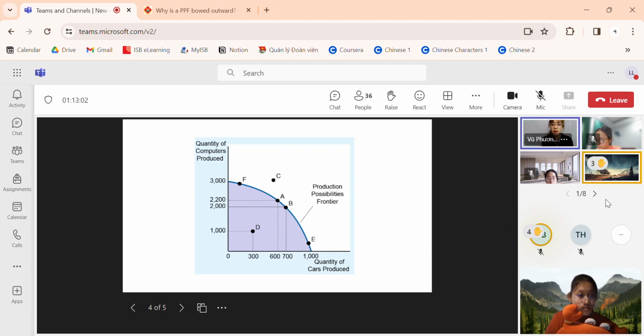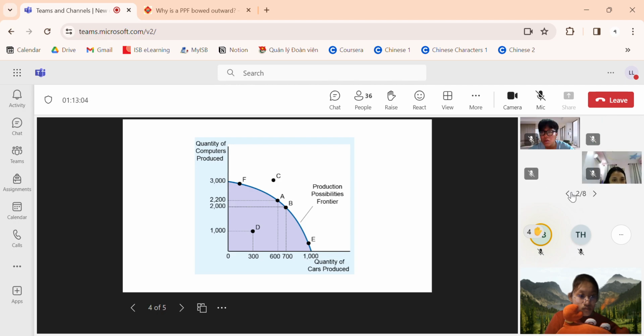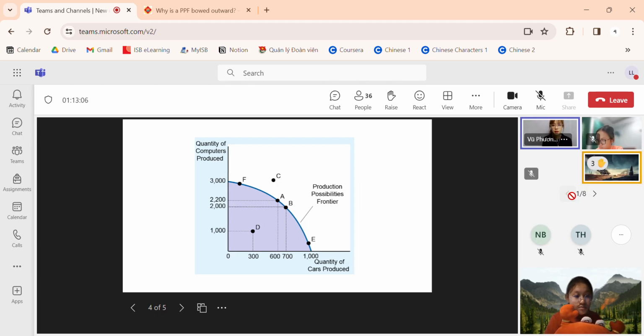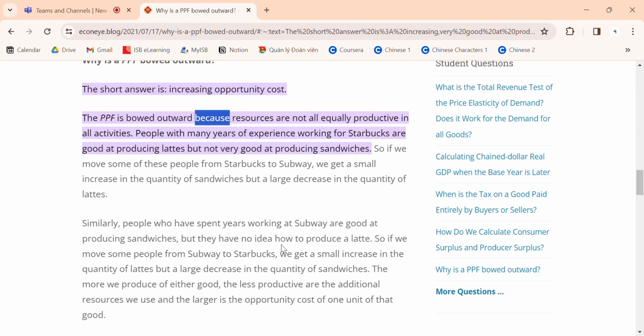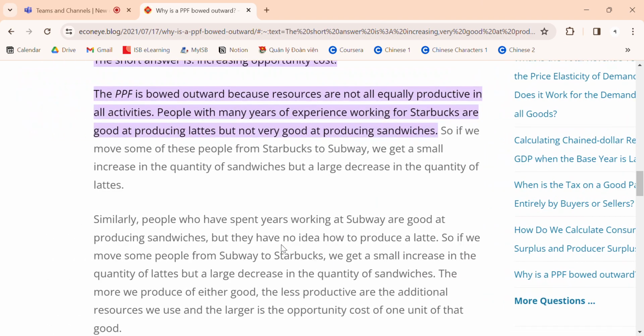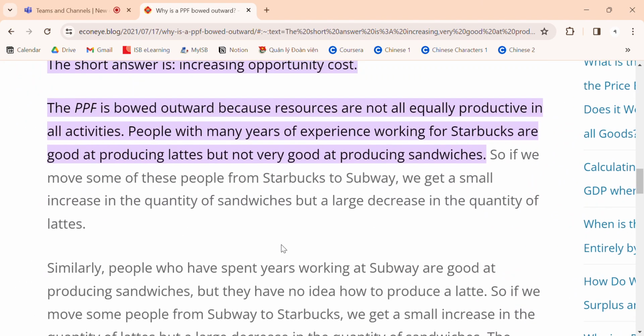Okay, very good, right? The thing is that we have an increasing opportunity cost, but why? Why do we face that problem here? Because we have different factors, like we can have more workers, we can apply more modern technology into our production to optimize it and reduce the cost.